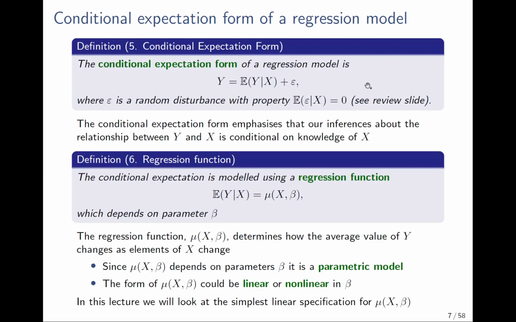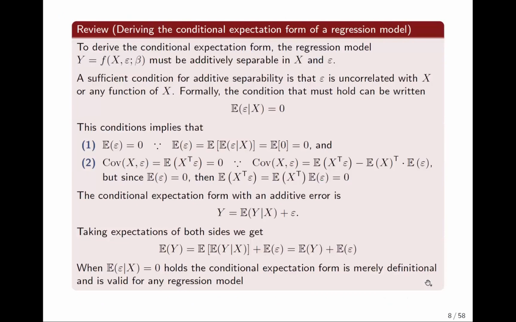It also means that the error term is unrelated to x, so x is separate in a sense from the error, because the error is uncorrelated with x. If you review this slide, it will show you why that is the case using the rules of covariance that we covered previously.